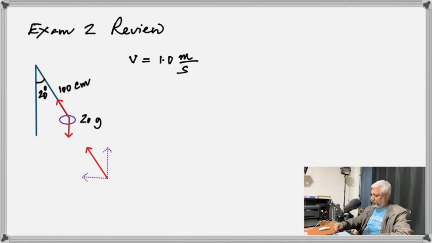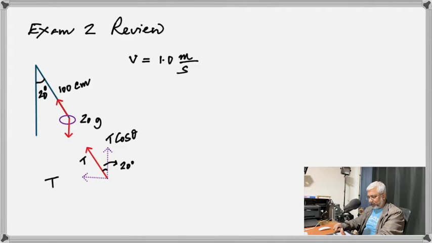in the string. I'm going to write that now. If T is the tension in the string and that angle is 20 degrees as given in the question, then you have T cosine 20 as the vertical component and T sine 20 as the horizontal component. The other force that you see here is the weight of the object.